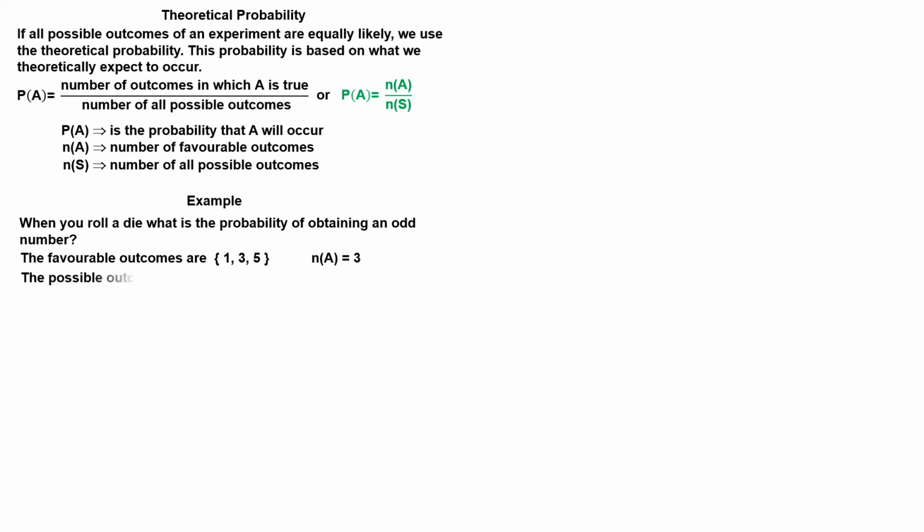The possible outcomes are 1, 2, 3, 4, 5, 6. The number of all possible outcomes is 6. Therefore, the probability of rolling an odd number is 3 over 6, or 50%.